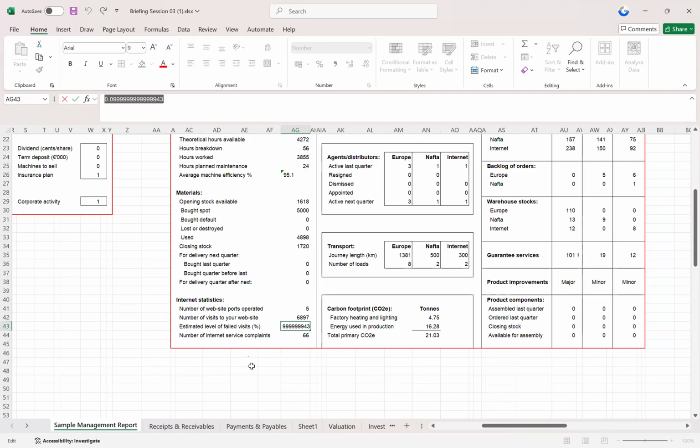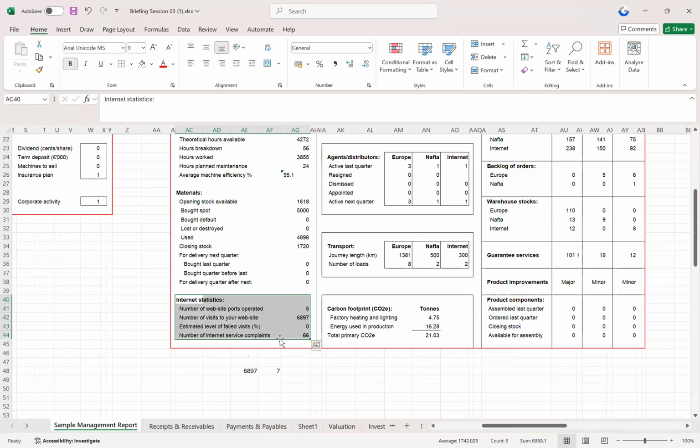It's not 0%, right? So the actual visits is 6897 plus this percentage of this. Yes, now it's coming correct. If I round it off, this is coming to 7. That means in this entire quarter, there were a total of 7 failed visits.